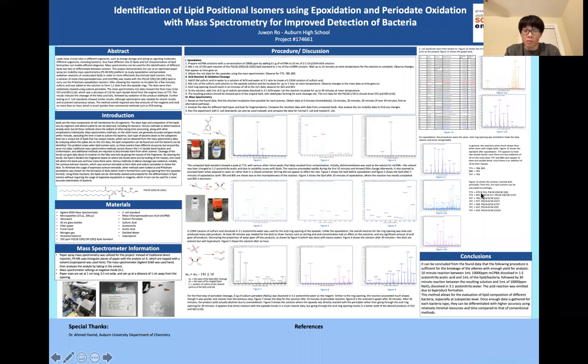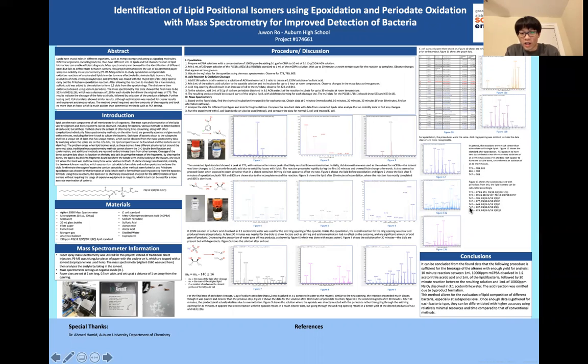And this time the results were not as clean. I did end up getting clean and effective enough data to be able to analyze the lipid composition, but we can see that it's quite difficult to accurately distinguish the lipids.